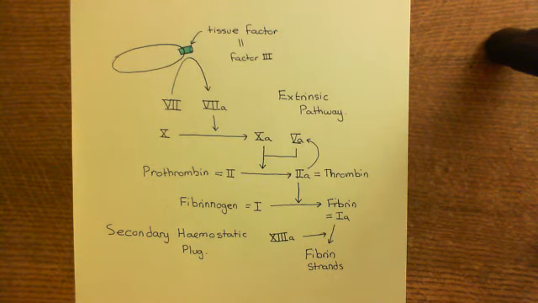Then you also have coagulation, where fibrinogen is converted into fibrin and then into fibrin strands, which produces these protein strands in amongst this mass of aggregated platelets, and that strengthens that mass of aggregated platelets to create us a secondary hemostatic plug. And that secondary hemostatic plug is then going to block the hole in the side of the blood vessel that you created.